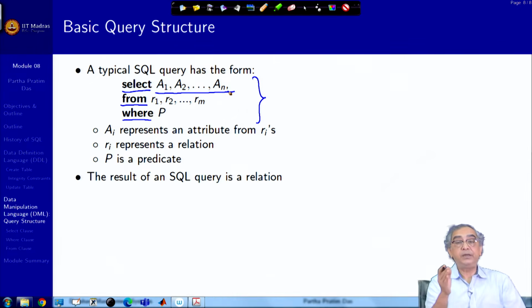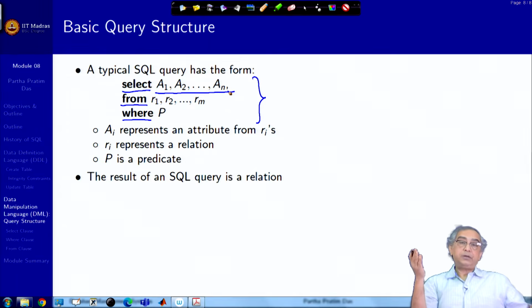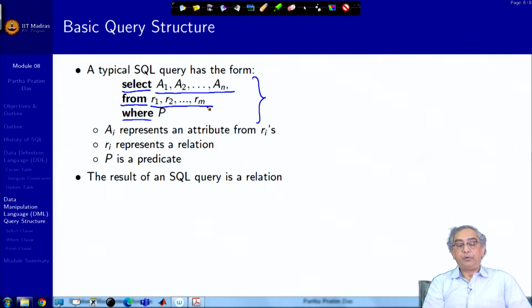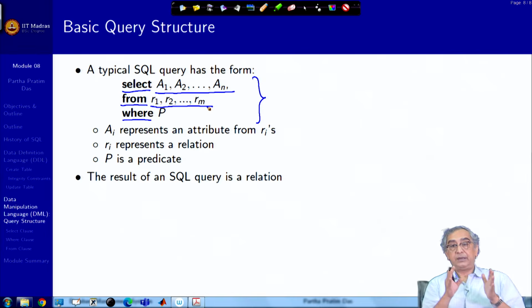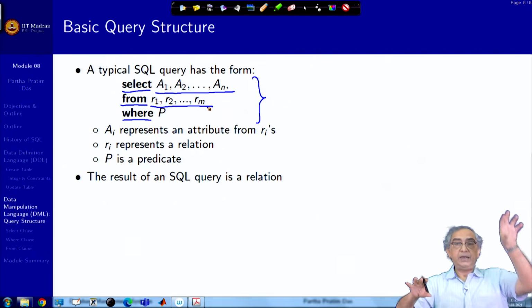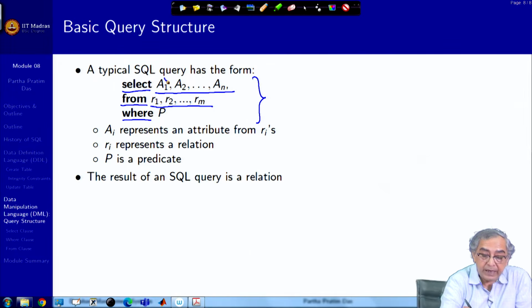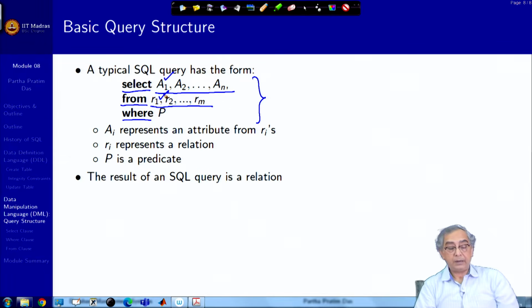Now, where do these attributes come from? Attributes are not entities by themselves, they are part of certain relations. So, from specifies that scope, that what are the relations that exist in the scope of this select from where. So, I have a number of relations, each relation has a number of attributes. When I am talking about say A1, I am saying that it is from relation R1.